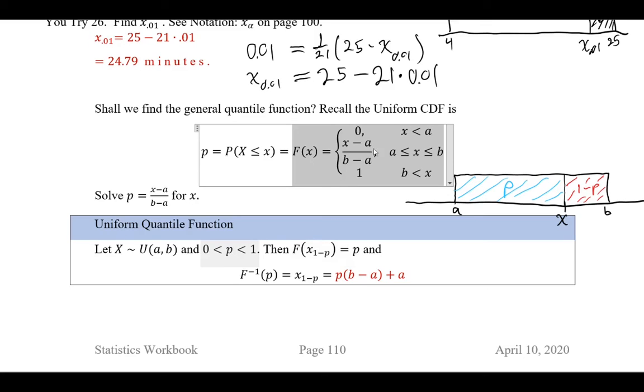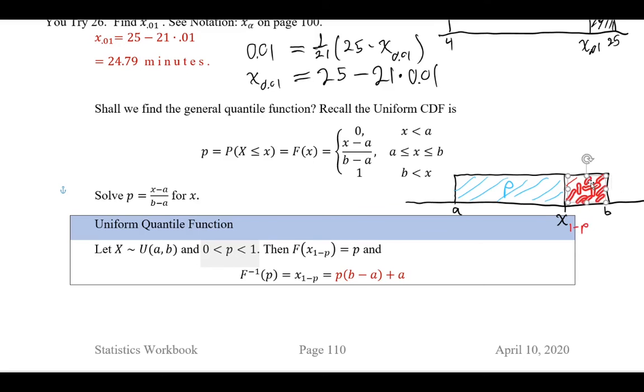Now if we were to just isolate the important part when p is between 0 and 1 but not those actual numbers, then we can solve this for x. So we'll let p equal the CDF. Solve now the part where p is between 0 and 1 for x. And what we'll receive is this equation right here, x equals this. But just to keep track of what's what, we'll label x, x sub 1 minus p.